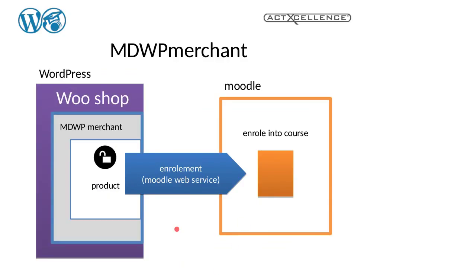And with Moodle to WordPress, you are tied to the WooCommerce shop. That's a perfect shop plugin, but I want to mention that Moodle WordPress Merchant doesn't work with other shops at the moment.